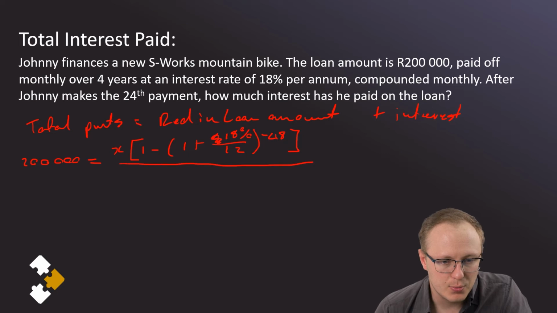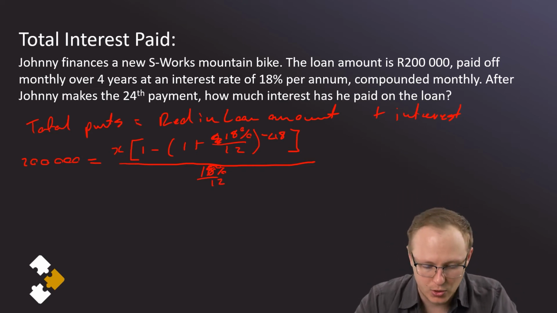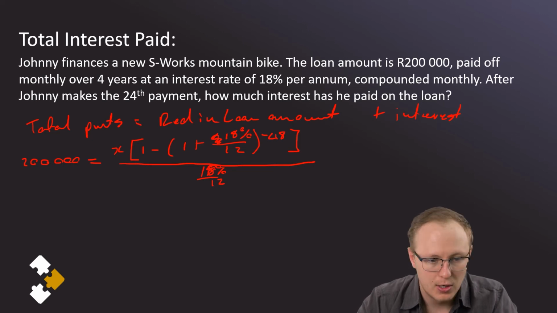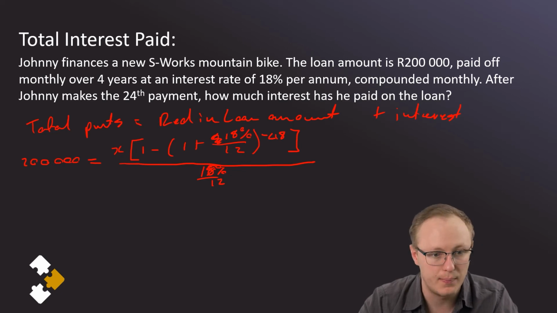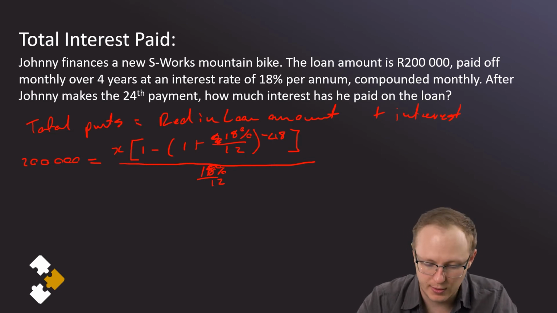Then that has to be divided by this 18% over 12, and then we've got to solve for x. So we're going to take that 200,000, multiply it by what's in the denominator, which is the 18% over 12, and then divide it by everything in the big bracket to get x by itself. So that's divided by the 1 minus 1 plus 0.18 over 12.